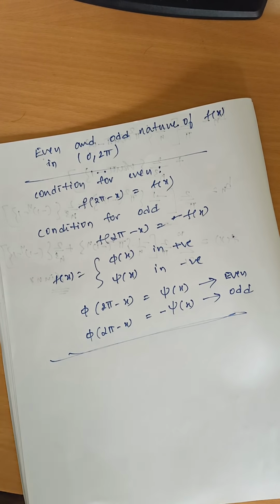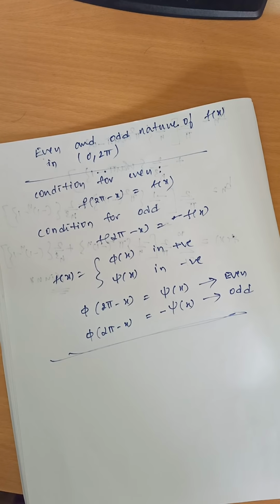So up to this stage in Fourier series, we construct the Fourier series of the function f of x in minus pi comma plus pi and 0 comma 2 pi. We have two options to find the Fourier series with respect to two different intervals, that is minus pi to plus pi or 0 comma 2 pi.